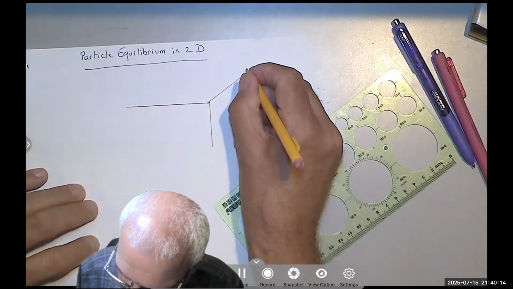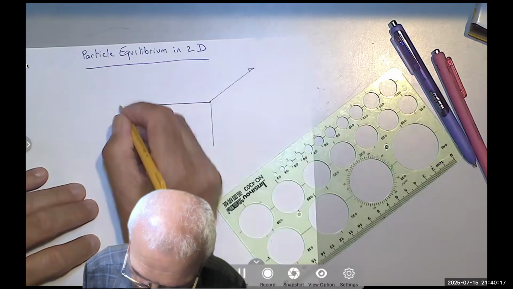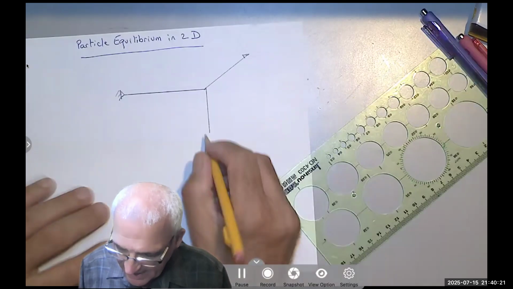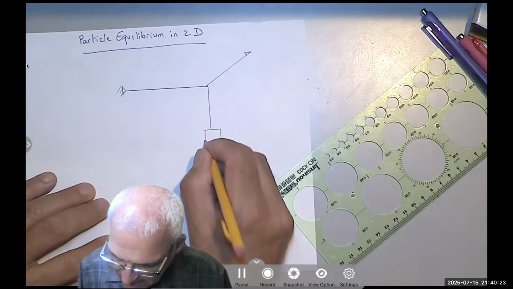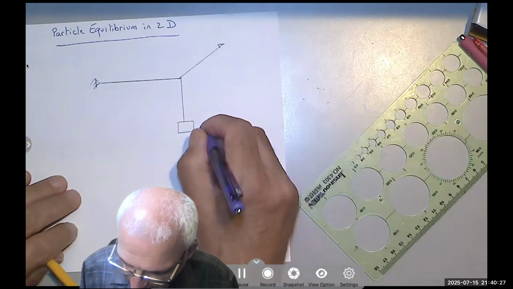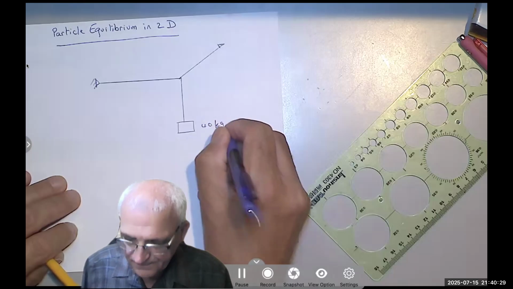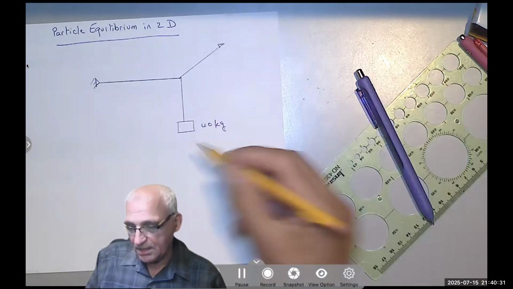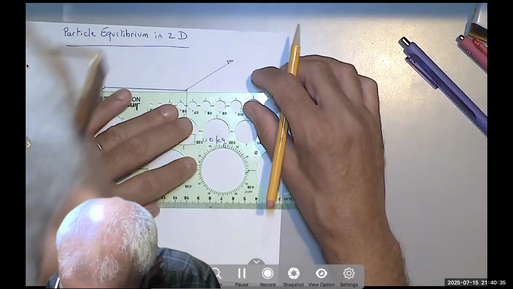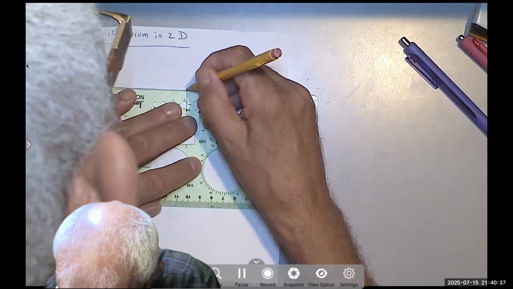So this may be connected to the ceiling, and this would be connected at the wall. And here I have a mass, say, let's say anything, 40 kilogram. Also, I have to give you an angle. So this angle, for example, is 30 degrees.